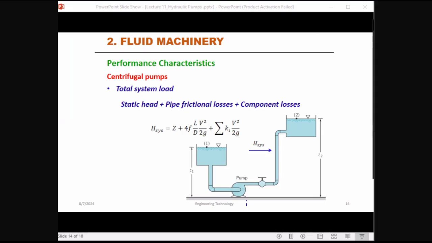I think you can hear my voice. Can you hear my voice? Is it clear? I'm asking why we need to add this equation part to this total system head calculation.